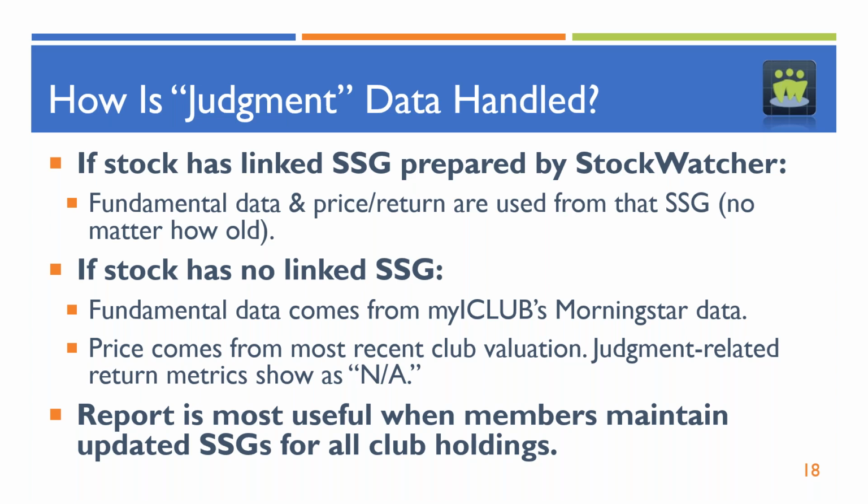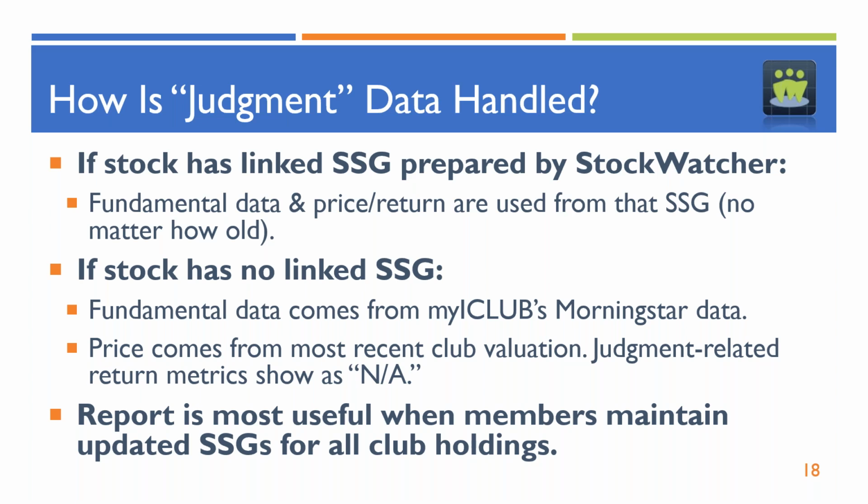So this is why it's important that your members update their stock selection guides prior to a meeting if you're using the linked system. And the reason we don't show the price from the valuation for those linked studies is because all the other metrics might be thrown off. If we're using a price from one date, then the PE ratio that we're showing is not going to be accurate. So we've made the decision that we believe it's important enough that members prepare an updated stock selection guide prior to each meeting so that it will feed into this report and provide accurate results.